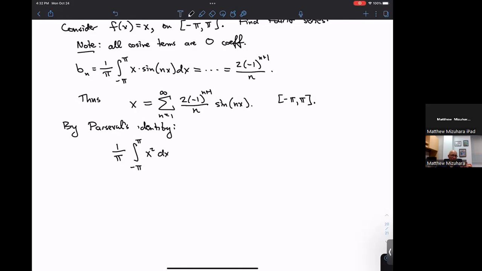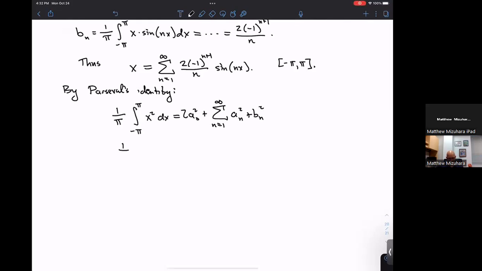Again, I say L2 norm, it's really the L2 norm squared, right? We're not doing the square root here. Equals, now on the right-hand side, let me just write it all out: a naught squared plus the sum, n equals 1 to infinity, of a n squared plus b n squared.